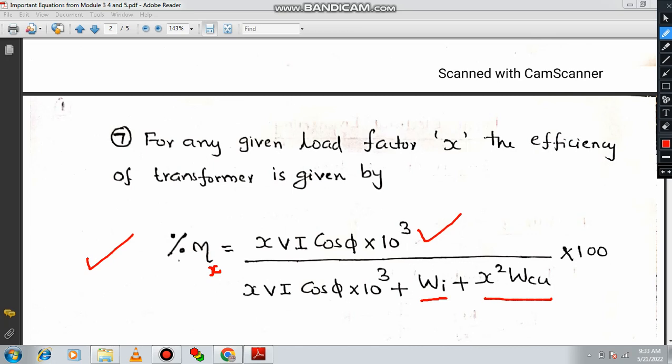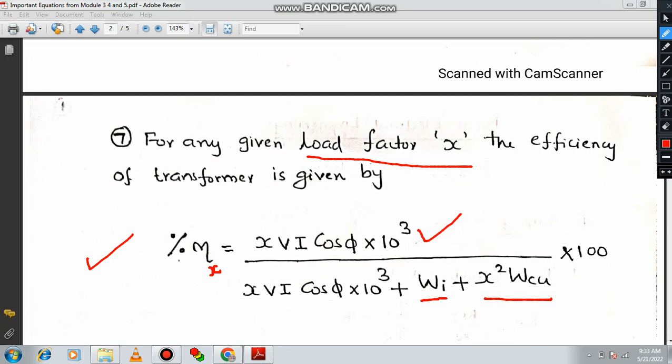What is x here? X is the fraction of load, or you can call it the load factor. It may be for 15% or 20% or 90%. If it is 90%, please take x as 0.9. If the fraction of load is 75%, please take x equal to 0.75.